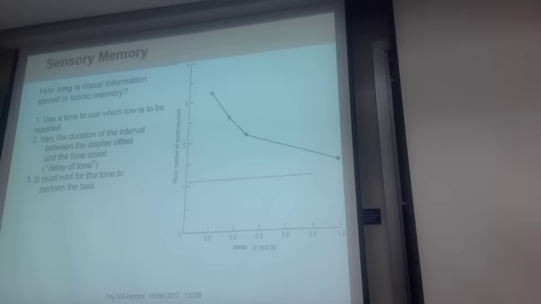The longer the delay is between being shown that array and being asked to report on it, the worse people do, and it goes down to almost the level of the whole recall task by a second. So you basically can only hold on to that array for under a second, and as the delay gets further and further out, people can remember fewer and fewer of the items in that array. Any questions on that?